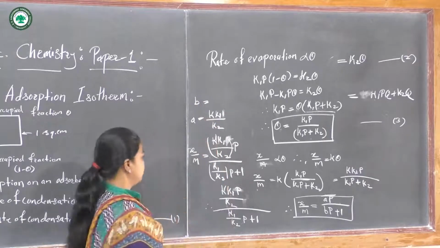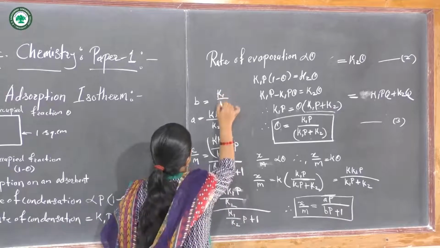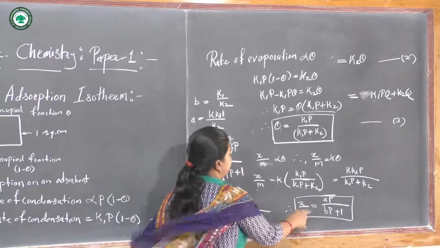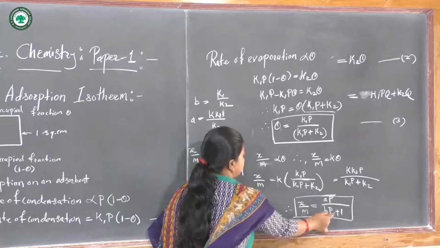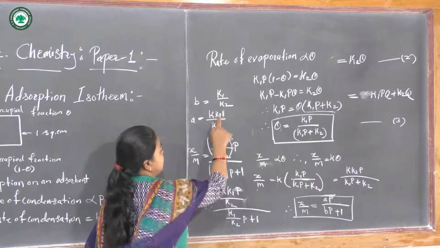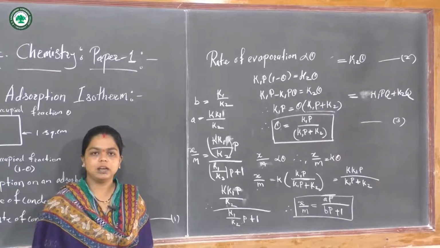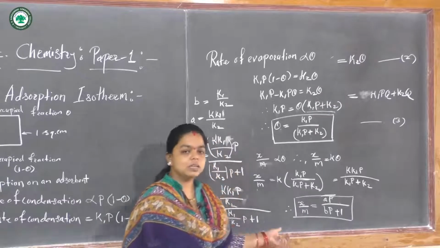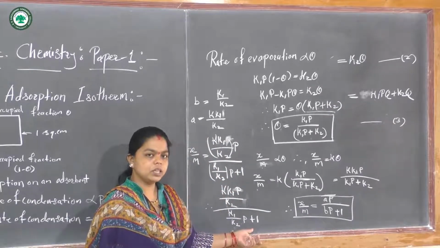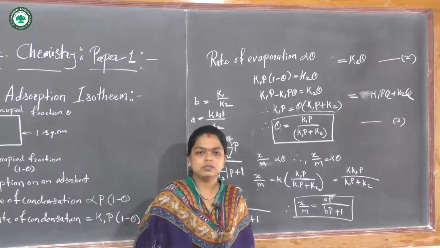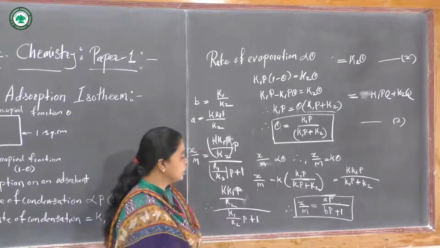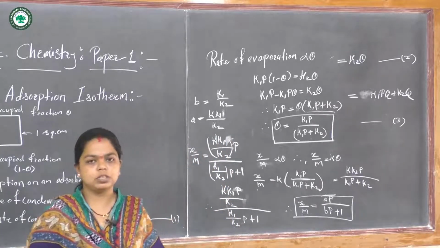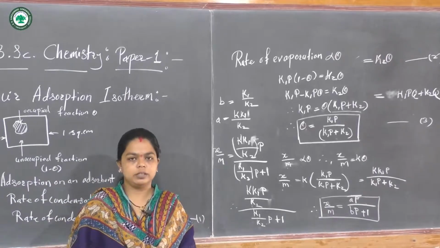If we write b equals to K1 divided by K2, this equation becomes x/m = aP divided by bP plus 1, where a is K K1 upon K2 and b is K1 upon K2. So we have replaced the constants K1, K2 and K by a and b. So x/m = aP upon bP plus 1. This is the final equation we have obtained for the Langmuir adsorption.